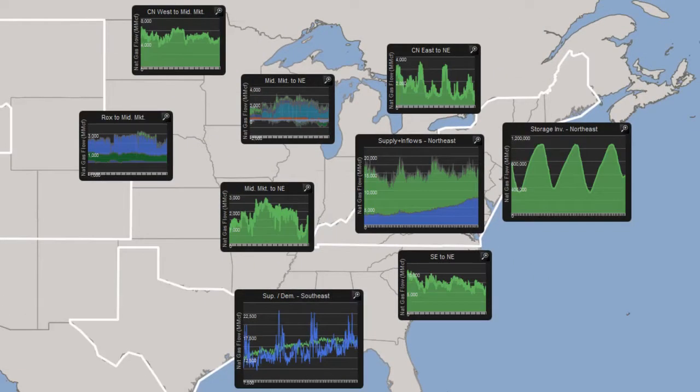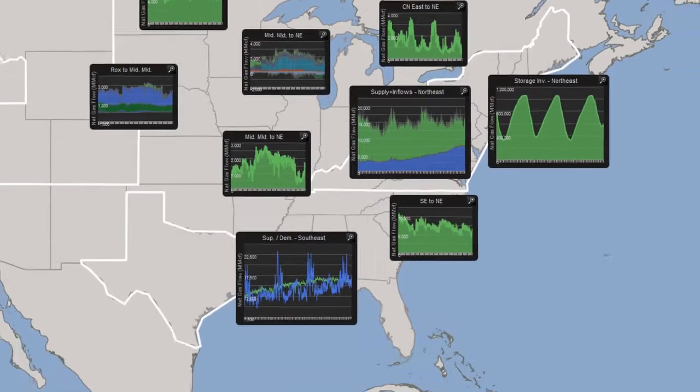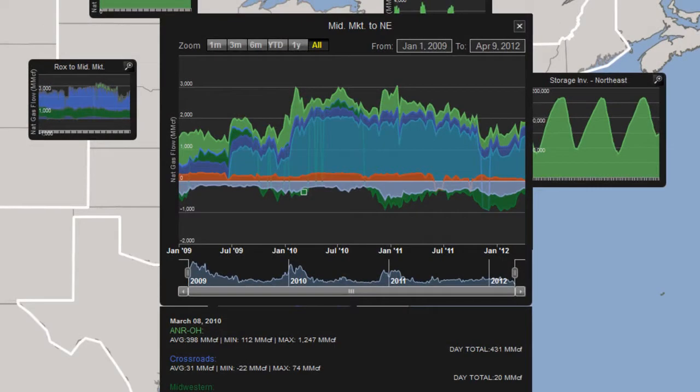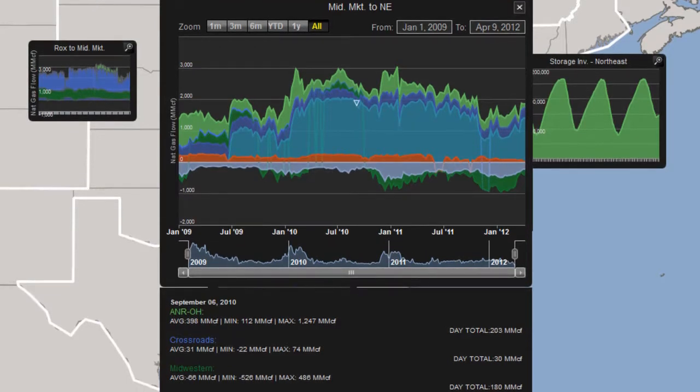So here, within the Mid-Con market to the Northeast, you could expand this graph and see REX here in this light blue color coming into the Northeast market and starting to supply a lot of the demand components in the Northeast market, as well as the impact that has been had on REX more recently with changes in demand and changes in basis prices within that overall market.